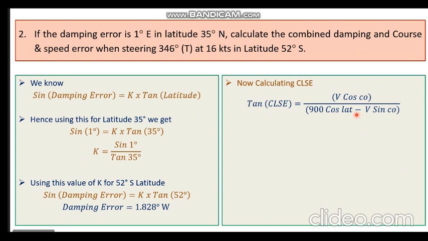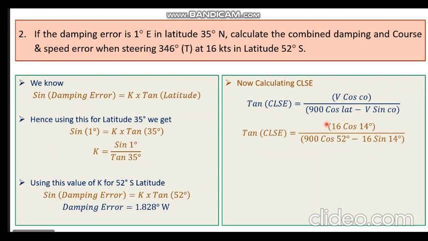Plus sign is used whenever we are on an easterly course, a course having an easterly component, either in the northeasterly quadrant or the southeasterly quadrant, and a negative sign is used when we have a westerly component in the course. That means the quadrantal course is either in the northwest quadrant or the southwest quadrant. Now in this case, the course is given as 346 degrees true, which is a northwesterly course. So we have a westerly component telling us that we will have a negative sign here in the denominator in the CLSE formula.